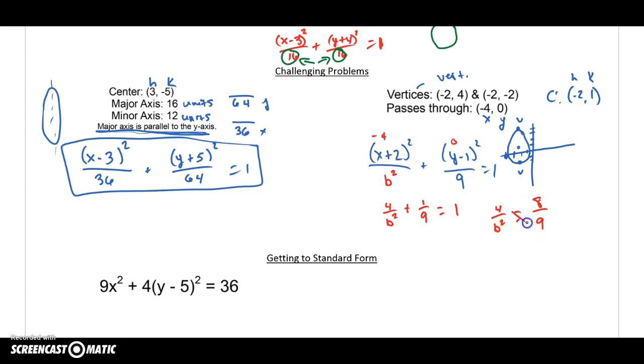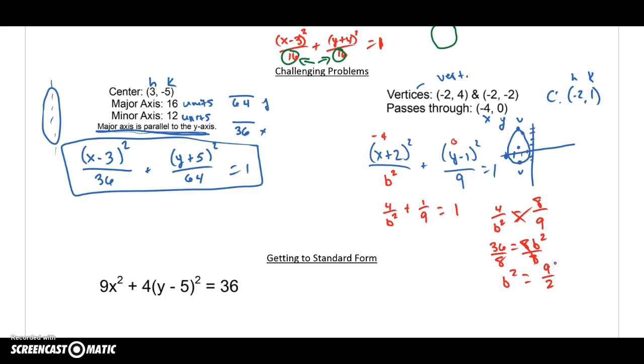And we can cross multiply here. I get 36 equals 8b squared. Divide by 8, divide by 8. I get b squared is 36 over 8, or if I divide everything by 4, I get 9 over 2. Do I need to find b? I don't.